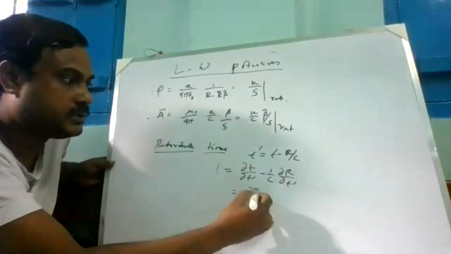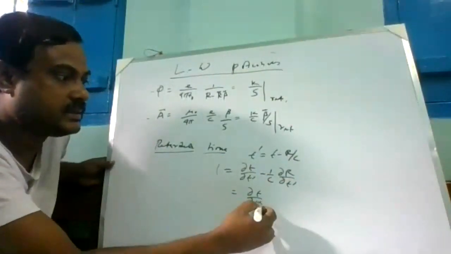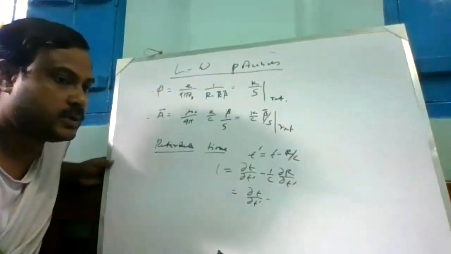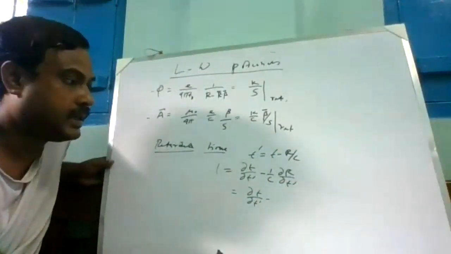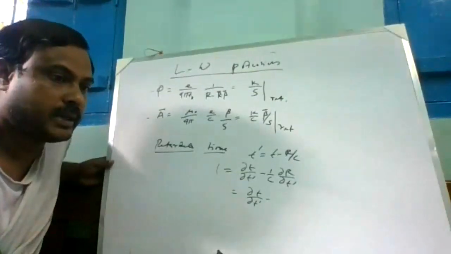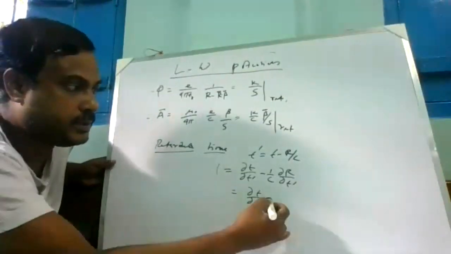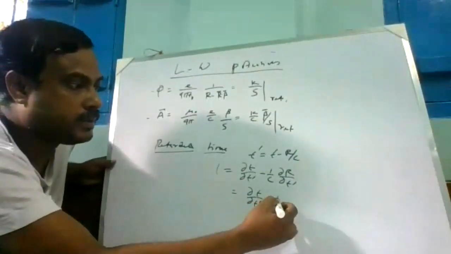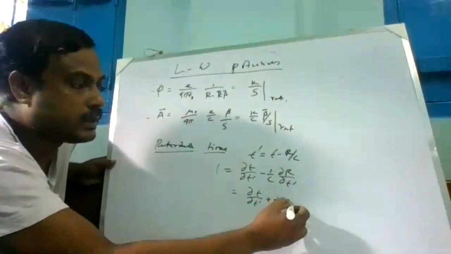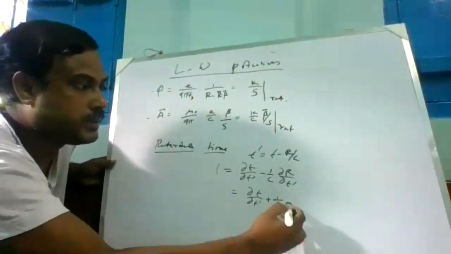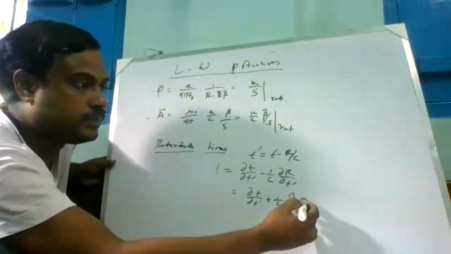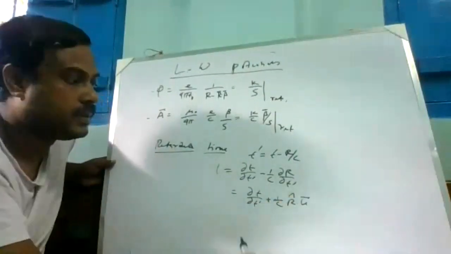Del R by del t dash equals R cap dot del R by del t, that means R cap dot of u.